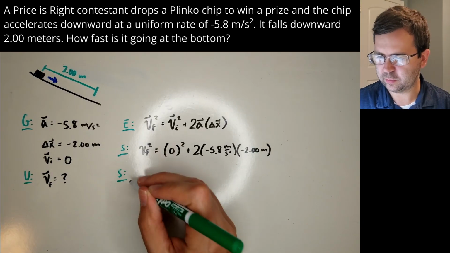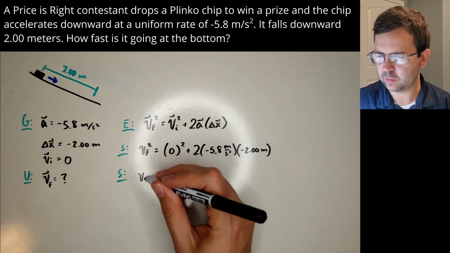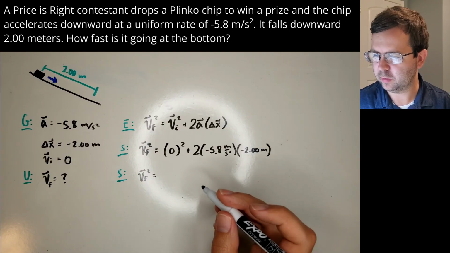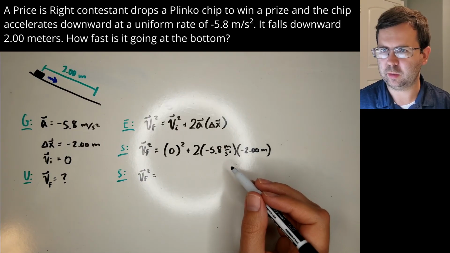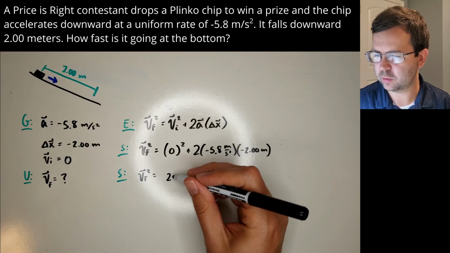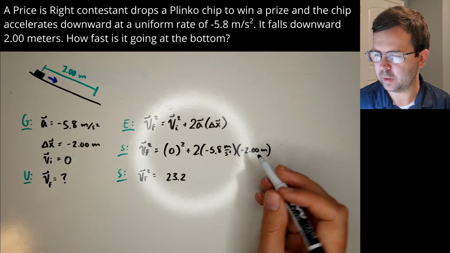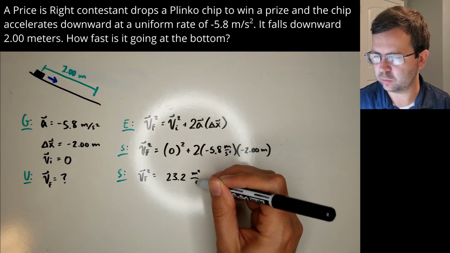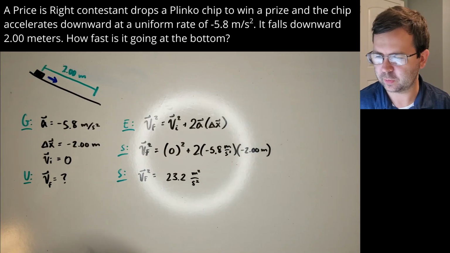And now we solve. And as we solve, I forgot my vector symbol up there. It's going to be all this together multiplied is 23.2. And that's going to be meters squared over seconds squared.